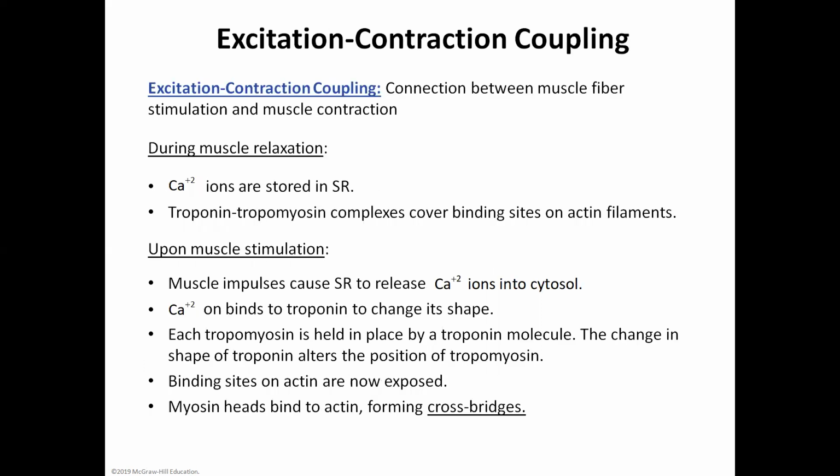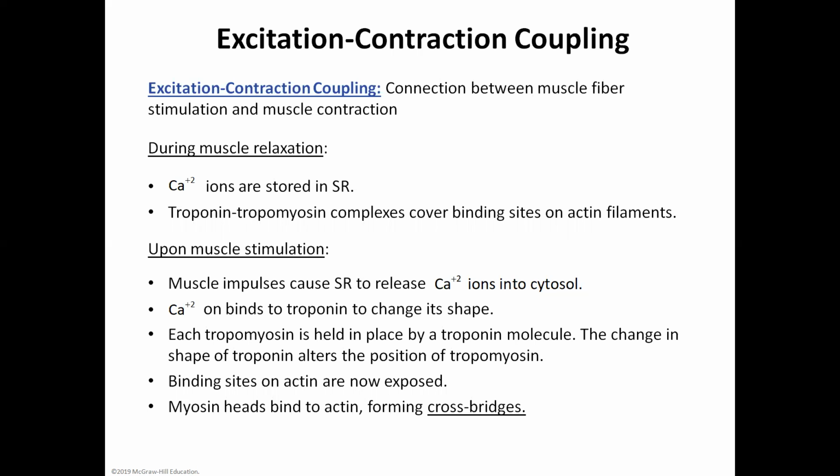Now, when we think about muscle contraction, as I said before, you have to have this nervous system control. You have to generate that action potential. And when we generate that action potential, it allows for a release of calcium. Where does that calcium get released from? It's that modified sarcoplasmic reticulum. So that smooth ER that is normally modified is called the sarcoplasmic reticulum. That's where it releases that calcium.